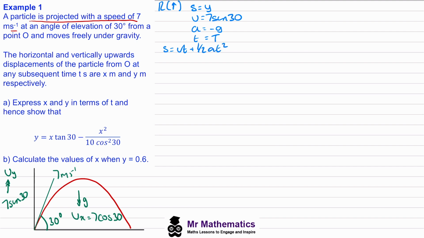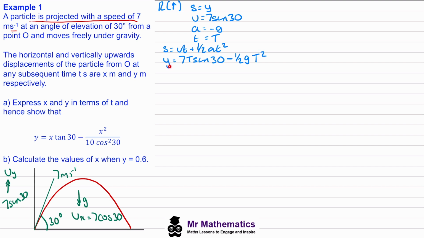We'll substitute in our values, so y will equal 7t sine 30, plus a half a, which is a half of negative g, so we'll say minus 1/2 g t squared.